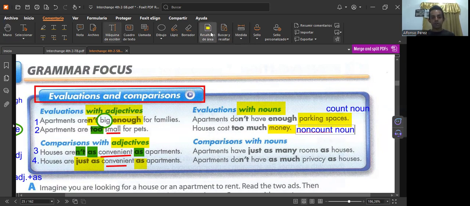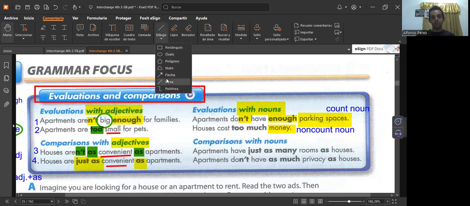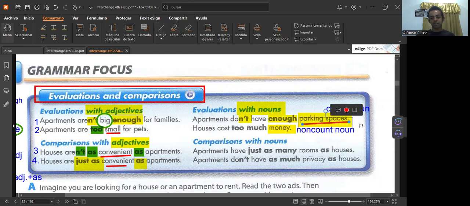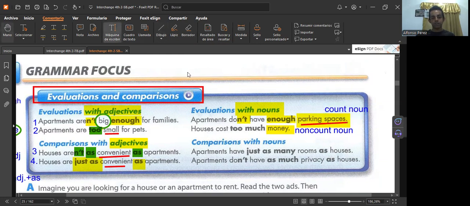Okay, so we use don't, we use not, and we use the word enough here. And look at the verb. We say apartments don't have enough parking spaces. So the noun is spaces, for parking spaces. The verb here of choice is the verb to have.